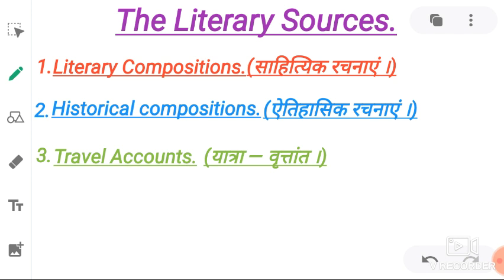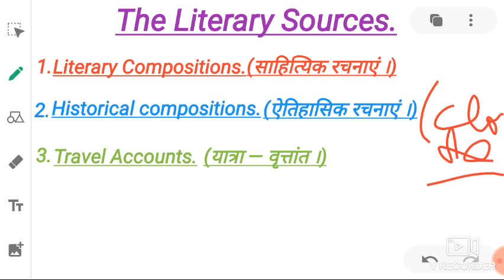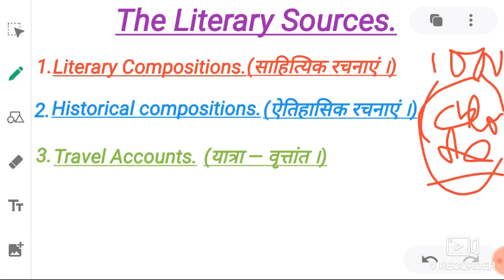So the literary sources. First one is literary compositions, means of literature, like epics, Vedas, etc. Second one is historical, which are about the history, close historical means about 1,000 years back.